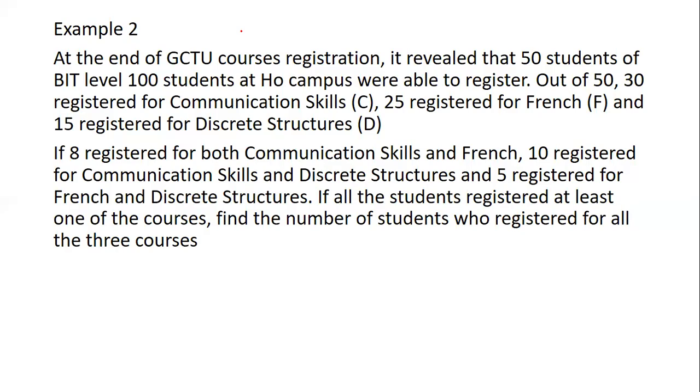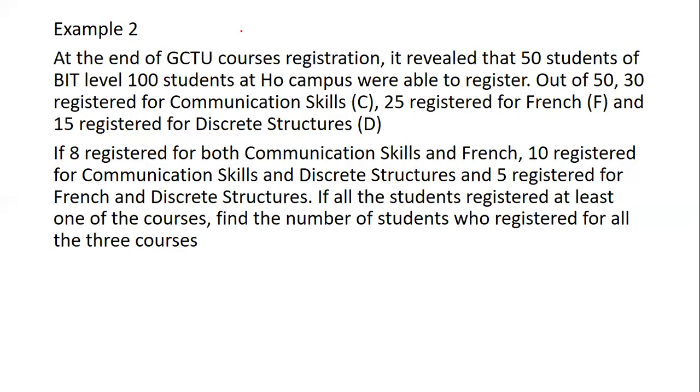Out of the 50, 30 registered for communication skills, that is C. 25 registered for French, F, and 15 registered for digital structure, D. If 8 registered for both communication skills and French, 10 registered for communication skills and digital structure, and 5 registered for French and digital structure. If all the students registered for at least one of the courses, find the number of students who registered for all the 3 courses.